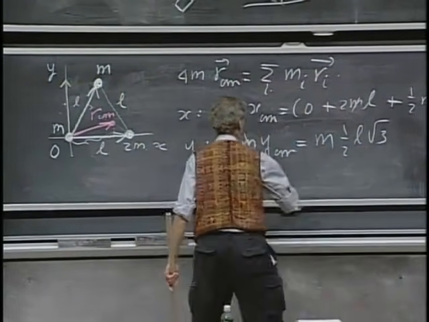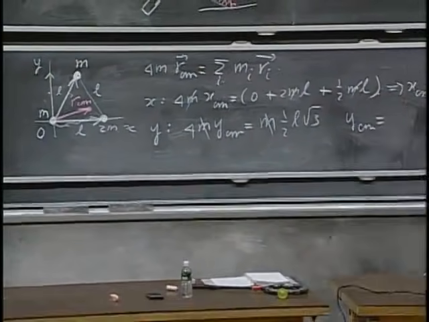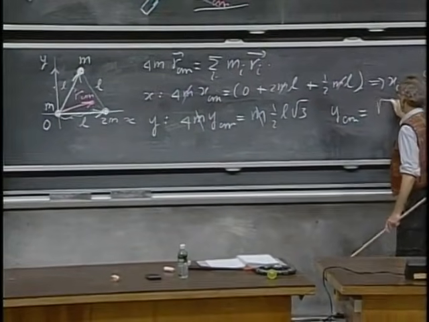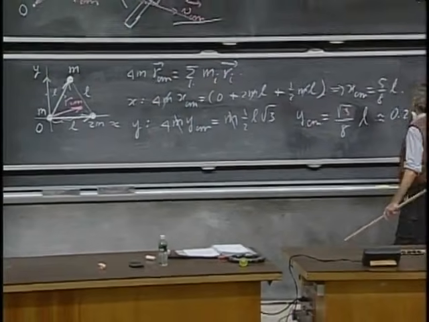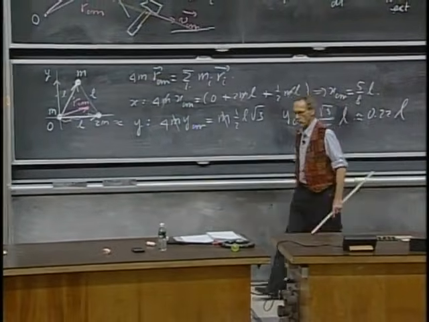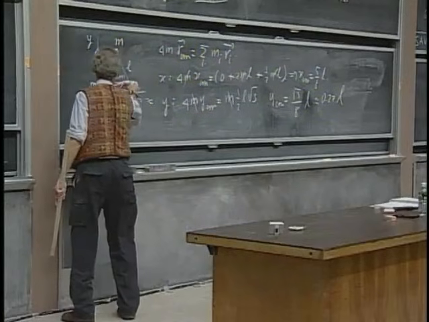And so you lose your m, and so you see that y center of mass then becomes the square root of 3 divided by 8 times L. And I think that's about 0.22 L very roughly. And so you see that we didn't put it in so badly.